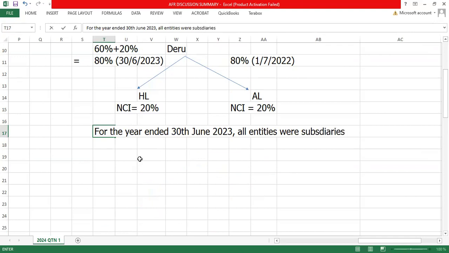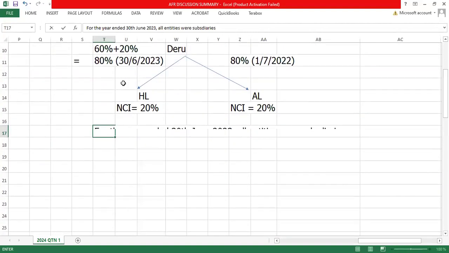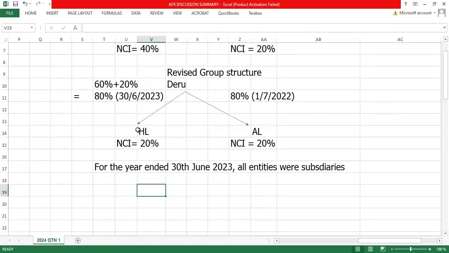Does it make sense? Because you see, you had control in all these entities. So all must be consolidated.